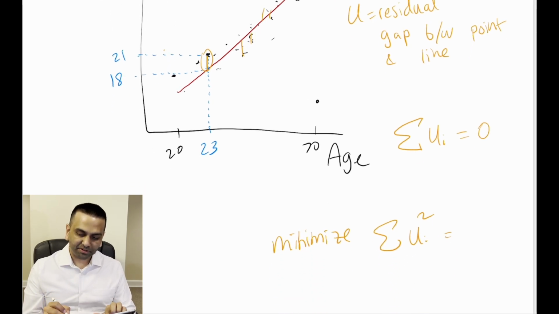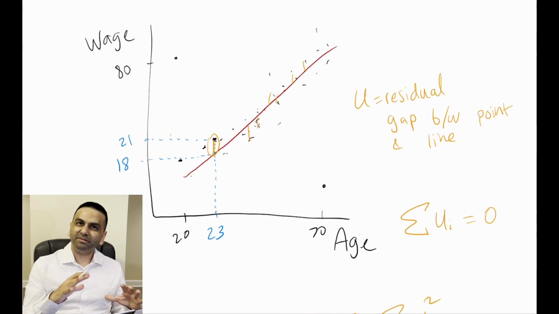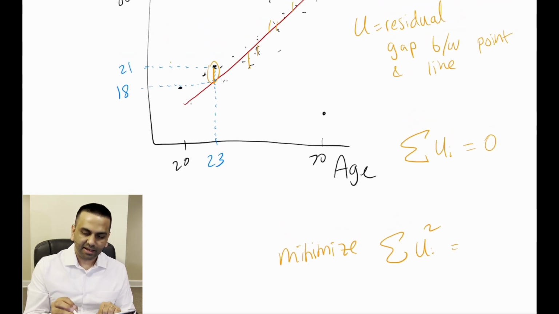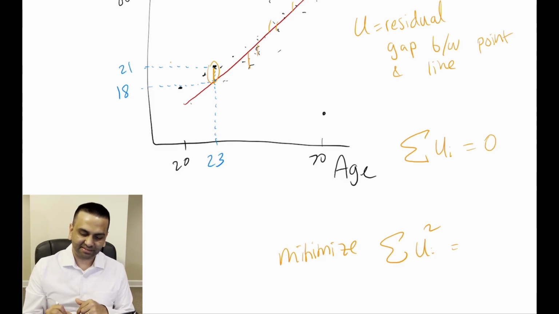And so the bigger the sum of the residuals squared, the further off the points are from the line. And so that's why we want to minimize the sum of the residuals squared. And that's why that process is called OLS, ordinary least squares, your least squares, right? So you're minimizing the square of the residuals.